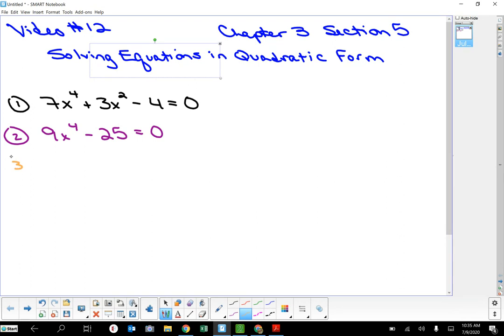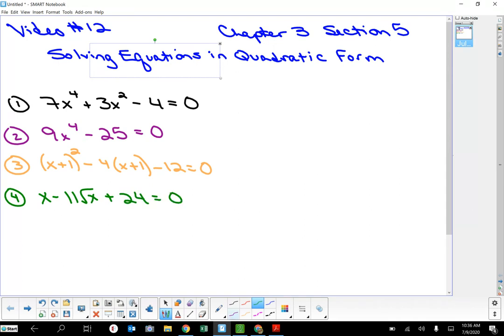The next one that we're going to do is (x plus 1) quantity squared minus 4 times (x plus 1) minus 12 equals 0. The next one looks like x minus 11 radical x plus 24 equals 0.